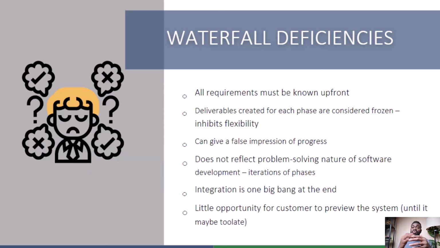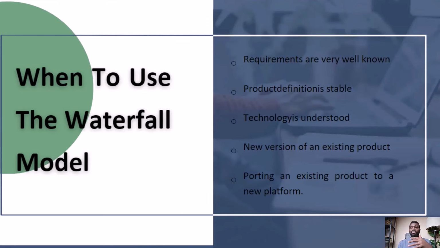In industries with rapidly changing markets or technologies, the waterfall approach may result in a product that becomes obsolete by the time it's delivered. Also, resource allocation challenges. Because the resources are allocated to each phase in advance, it can be really challenging when using this waterfall approach.